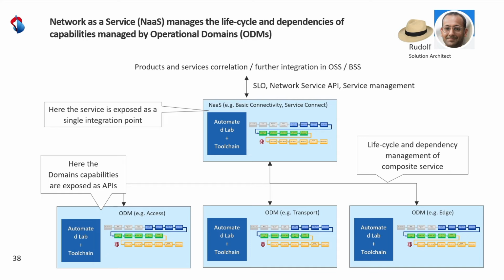So network as a service governs a set of ODMs at the bottom, always using the same approach with that automated lab and tool chain and automated testing, whereas the NaaS layer exposes the service level API and the ODMs expose the domain capabilities. The NaaS layer is the service point on which we can then integrate OSS and BSS systems.